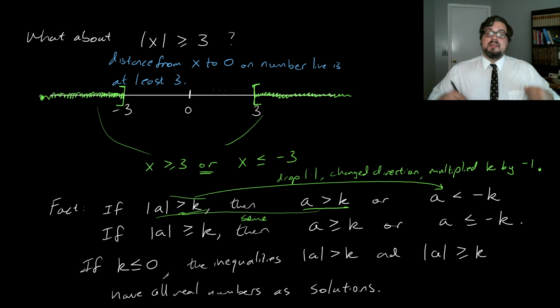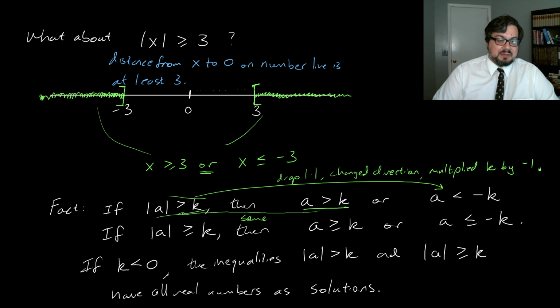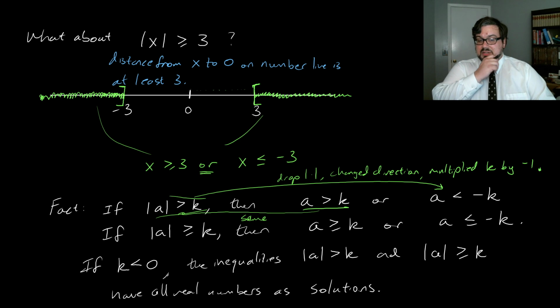I should specify here, I don't want k to be less than or equal to 0, just k less than 0. If k is less than 0, then the inequalities given here have all real numbers as solutions.